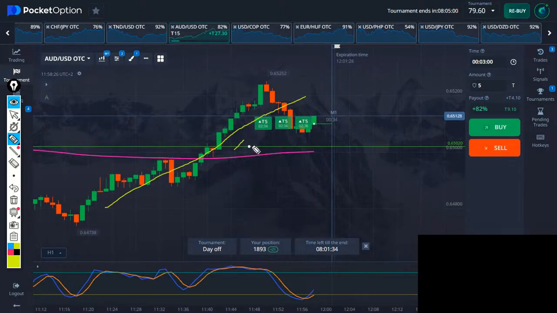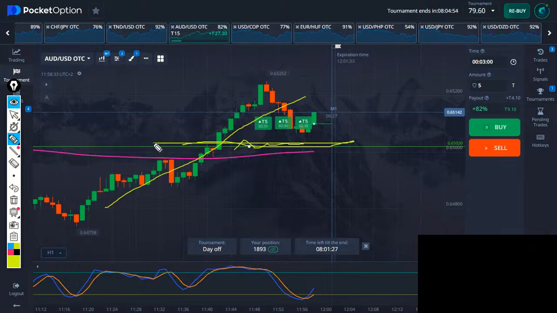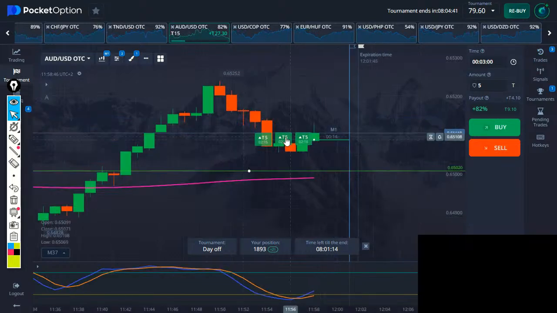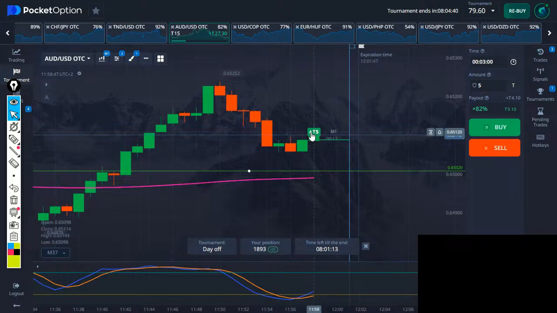The price is above the EMA. And we also added a Fibonacci line over here. This is the 30 level, which is even more powerful. So this thing is gonna do a higher high. Most probably, of course, you can never be sure 100%.